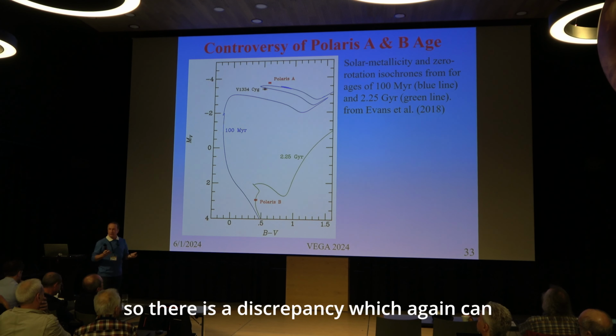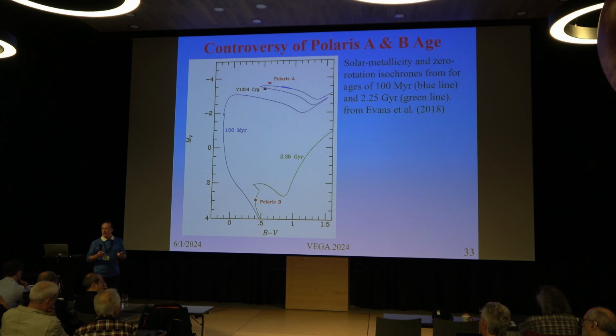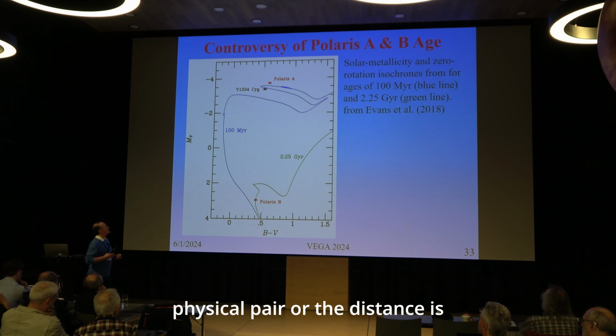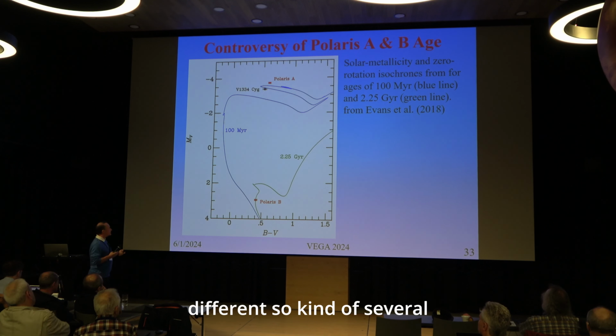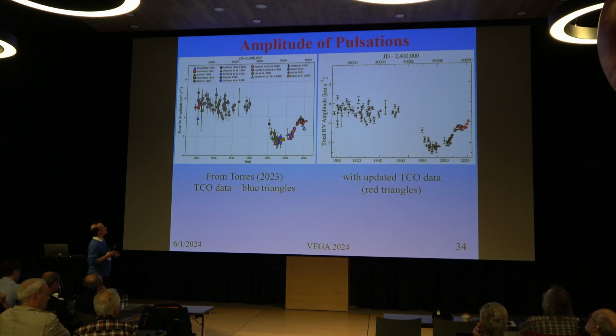So there is a discrepancy, which again can be solved by assuming that these are not a physical pair, or that the distance is different. So there are several puzzles going on with Polaris.